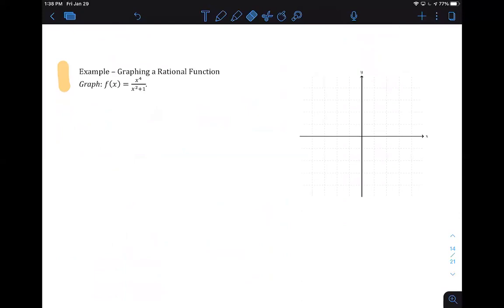Okay. All right, so first off, symmetry. Okay, let's use our exponent rule. What are our exponents on these? 4, 2, and 0. Those are all even, which means we're symmetric across the y-axis.